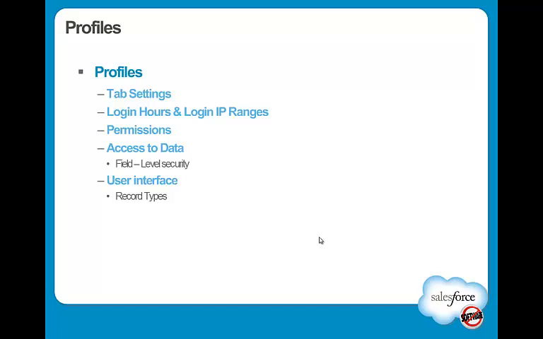At the same time, a particular user may require a different UI, so within the same object, user A needs to see only 10 fields, and user B needs to see maybe 14 fields. So I need to come up with two different pages for them, and we can achieve that using a concept called page layouts, which is again linked back to the profiles.